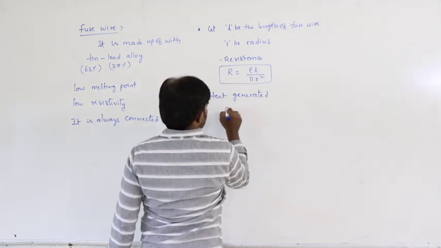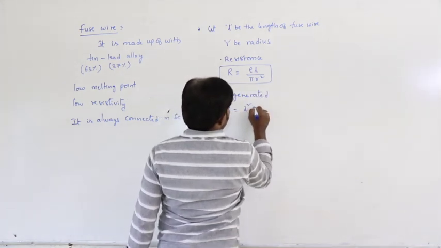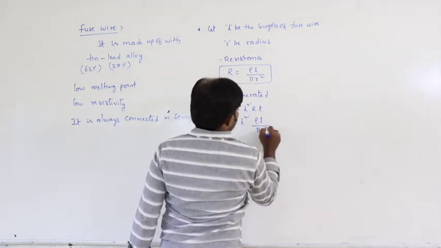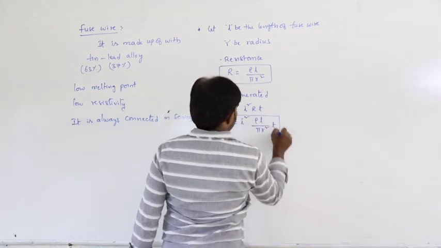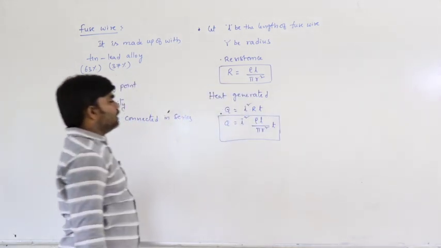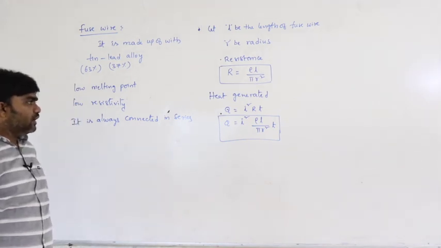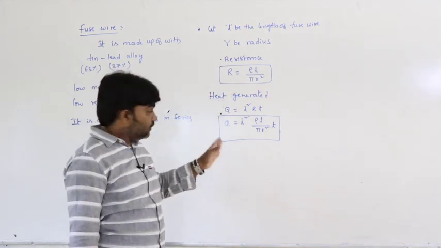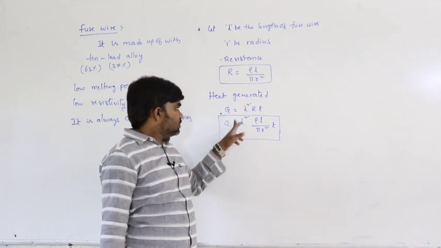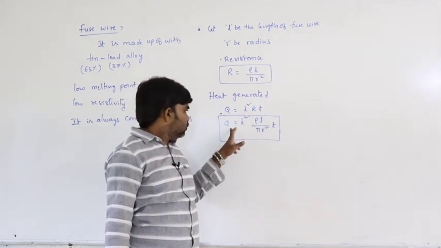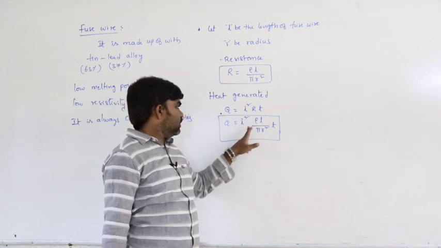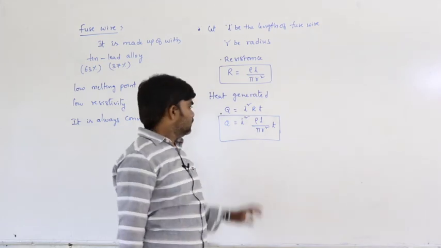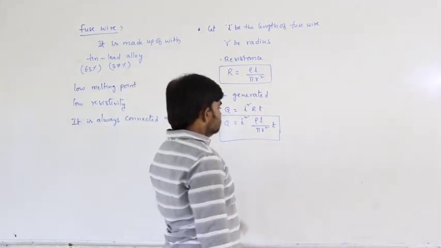The heat energy generated is Q = I squared R T. Substituting R as rho L by pi R squared, Q = I squared into rho L by pi R squared into T. This is the heat energy generated here.